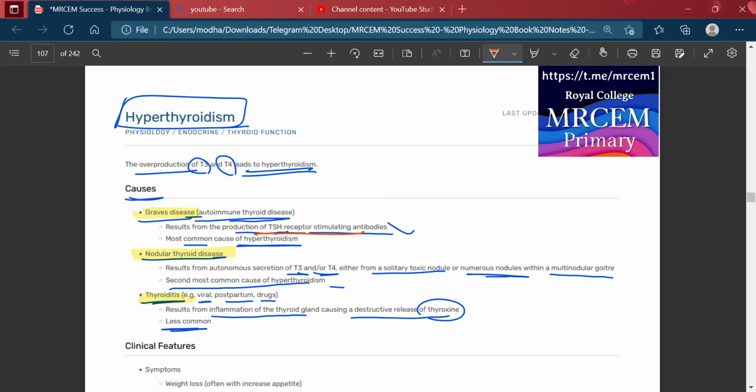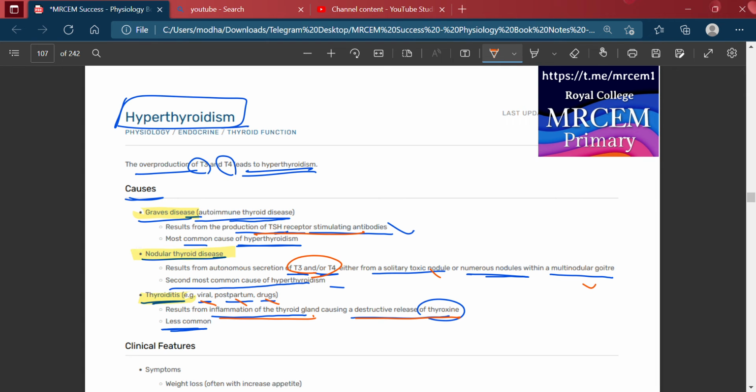In nodular thyroid disease, T3 and T4 secretion is increased due to a solitary toxic nodule or multinodular goiter. And thyroiditis, viral, postpartum or drug induced, in which there is inflammation of the thyroid gland causing destructive release of thyroxine. It is very less common.